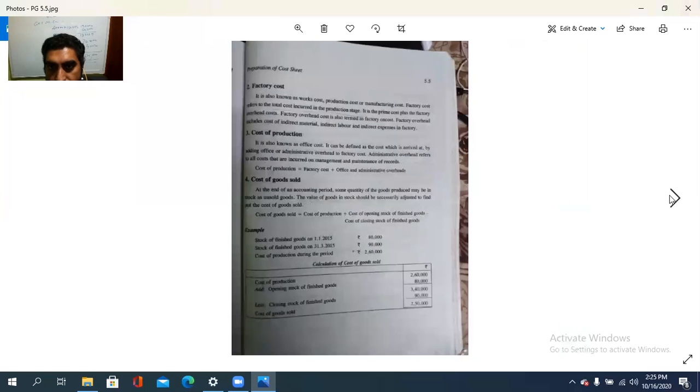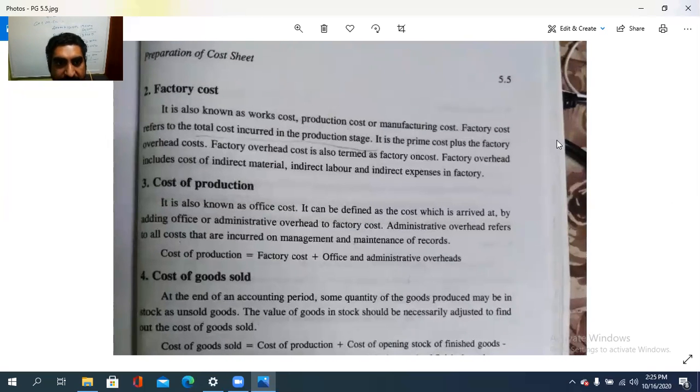Then next is factory cost. What is factory cost? If there are any factory-related indirect overheads, that comes under the factory cost. So it is known as work cost, production cost, or manufacturing cost. Factory cost refers to the total cost incurred in the production stage.